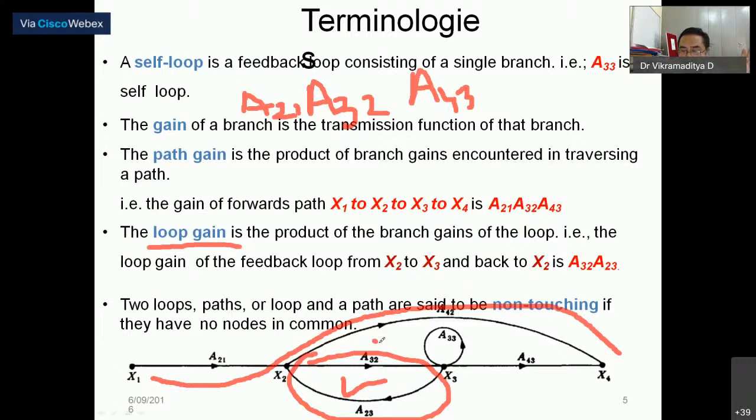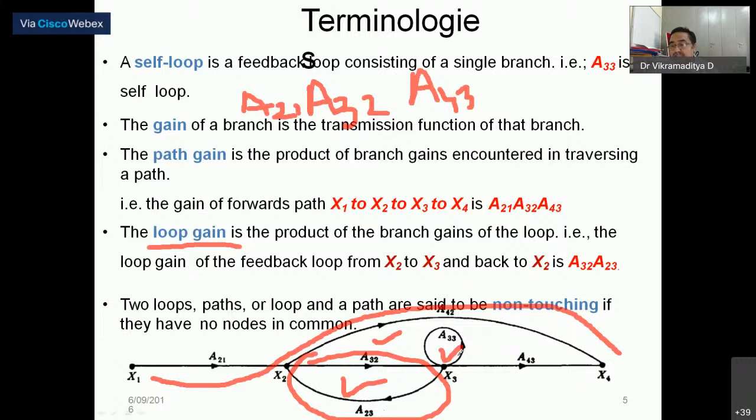The gain is A32 multiplied by A23. So this is the loop gain of this loop. Now, what is the loop gain of this self loop? Can anybody tell me what is the A33? Very good. The loop gain of a self loop is only the gain associated with that branch.